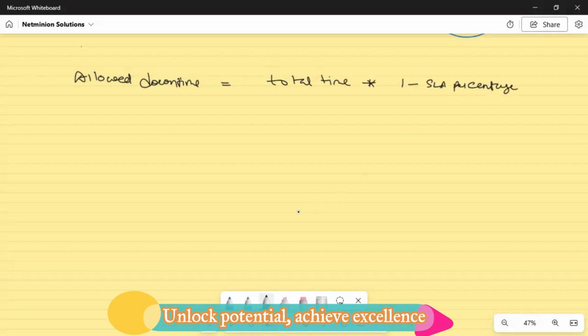The allowed downtime, if you need to fetch it out, will be whatever your total time is, multiplied by 1 minus your SLA percentage, the percentage which I was showing you earlier. I will give some examples, don't worry.